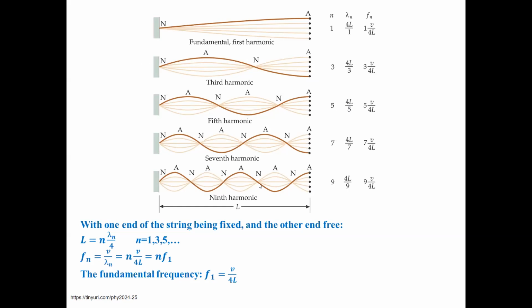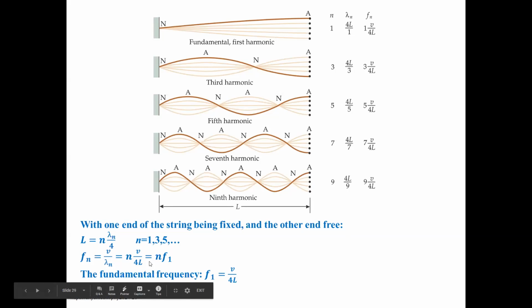In that case, you can summarize the scenarios here. The length is going to be equal to n divided by 4 of the wavelength. The first one is 1/4 of the wavelength equal to the length, then the second one will be 3. So n here is the odd numbers 1, 3, 5, 7, etc. Then the frequency will be velocity divided by lambda.